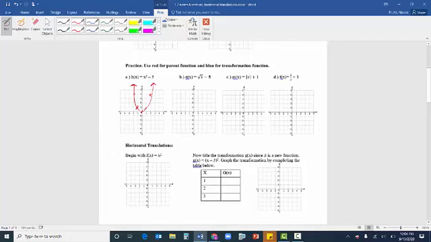So basically, wherever my red dots were, they're all going to be lowered by 3. So 1, 2, 3, 1, 2, 3, and 1, 2, 3. And then I'll just reflect that over here. So there's your transformation. All right.